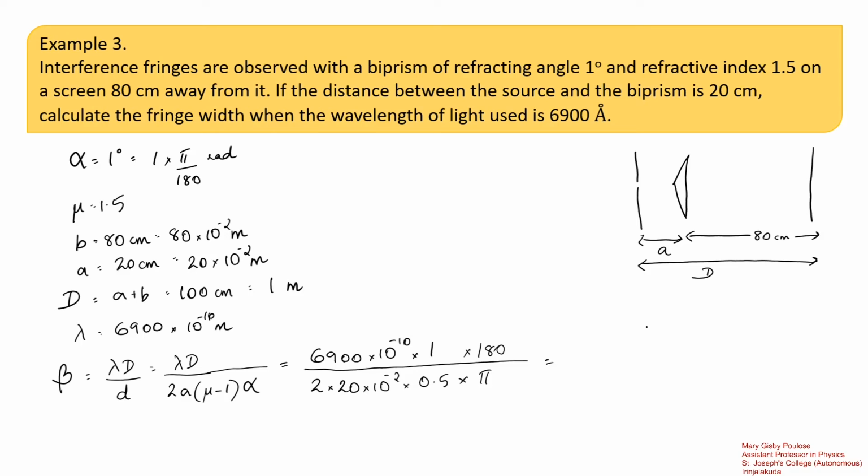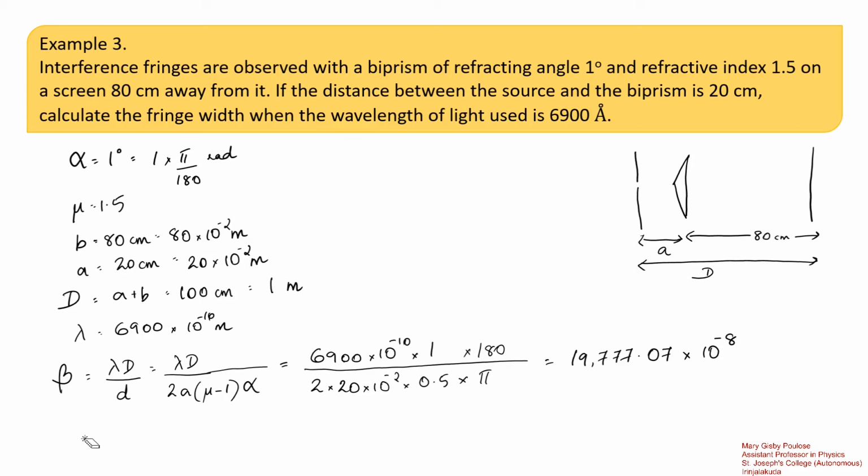Now, calculating the numerators and denominators, I can write it as 19,777.07 into 10 raised to minus 8.